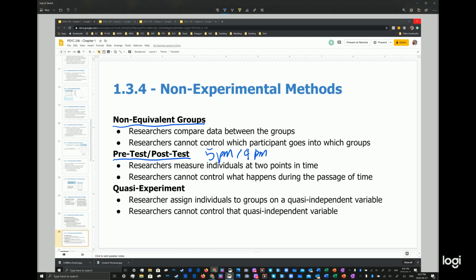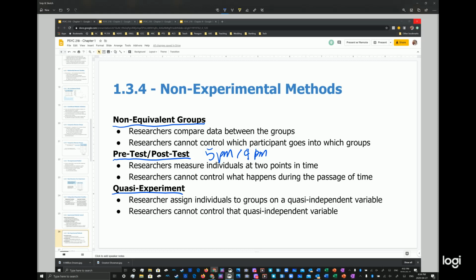And again, while I'm teaching, for example, I'll be teaching everyone, but I cannot control what happens for each individual at the particular time between 5 to 9. I can't. But it would be a pretest post-test.